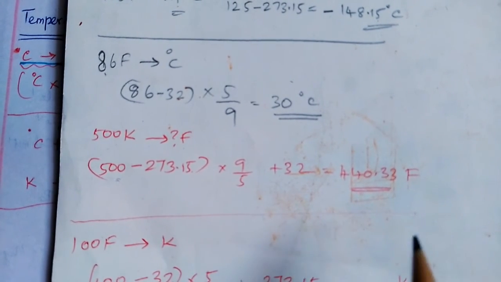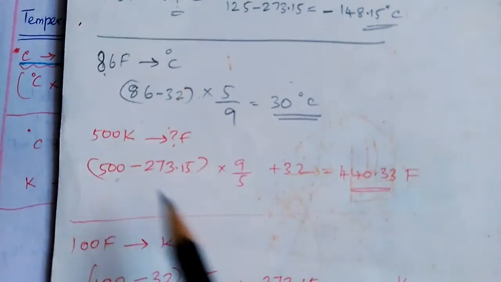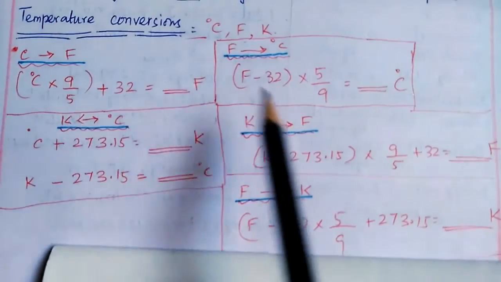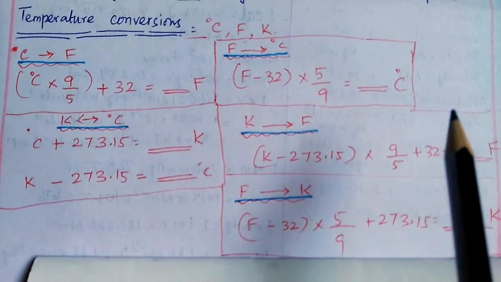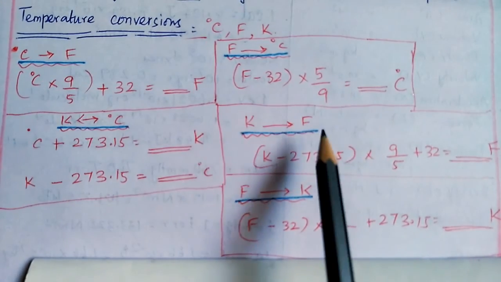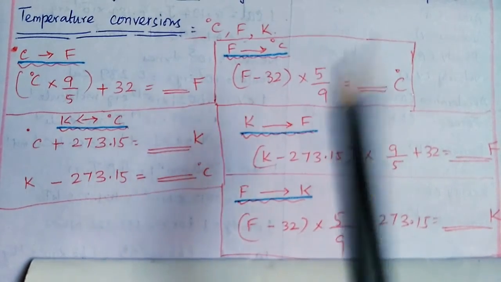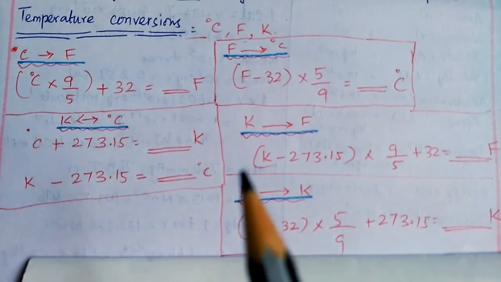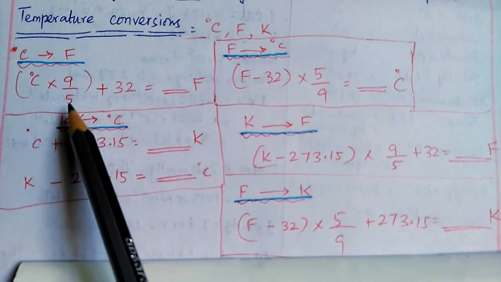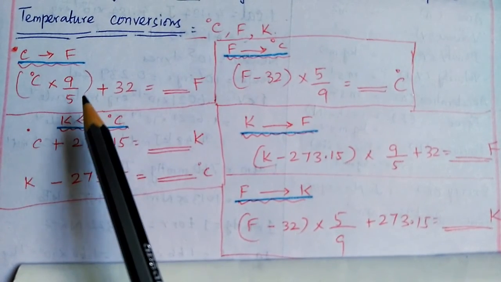I have just solved all these questions, but we have to be cautious. We also should be solving more and more problems. First we should be memorizing all these formulas clearly. Instead of Celsius 9 by 5 we are having 5 by 9, so we should be clear about which value goes where. Every day we should study. If we see just one formula, it may be easy.